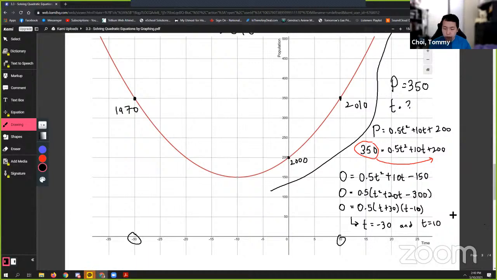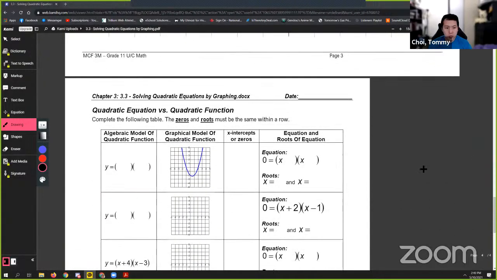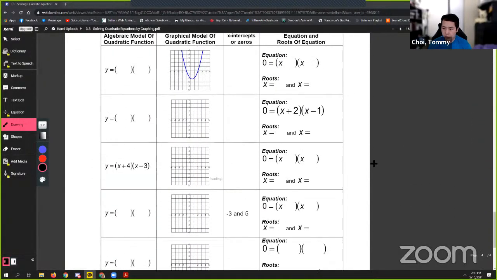Now, any questions about the work here so far? Okay. So now we move on to the last page of our lesson.